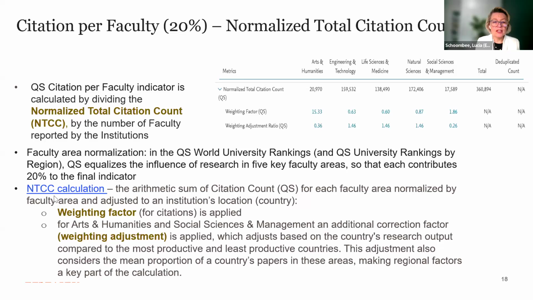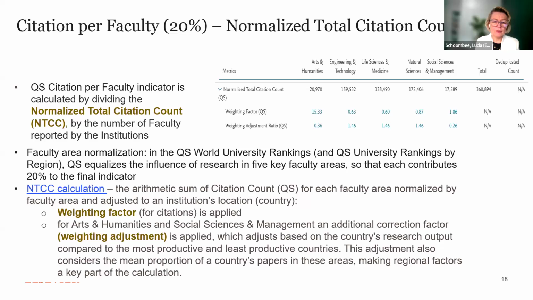The normalized total citation count, so that calculation is the arithmetic sum of the overall citation count for each faculty area, normalized by the faculty area, and then adjusted also to the institution's location, right? So it will normalize for what is the overall output within a country, that is also taken into account, not only across the subject area.